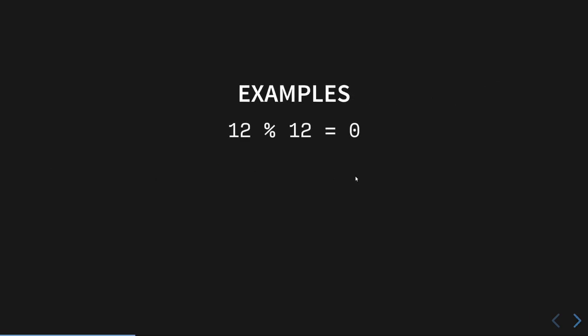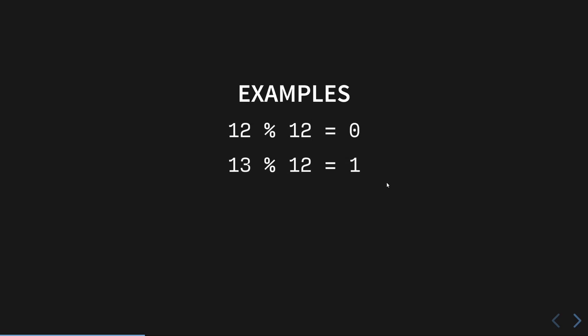The modulo operator is a binary operation between two numbers, A and B. So let's look at some examples. 12 modulo 12 gives us 0. 13 modulo 12 gives us 1. Why? Because if you divide 13 by 12, 12 goes into 13 once and the remainder is 1.